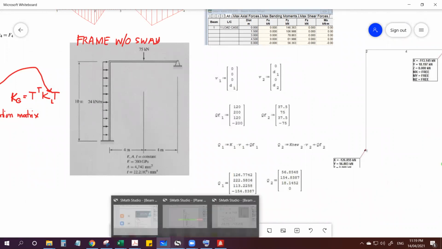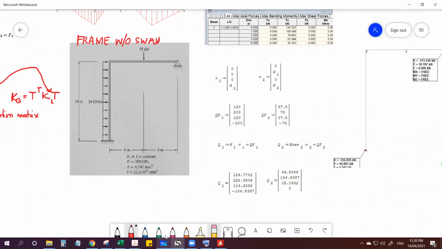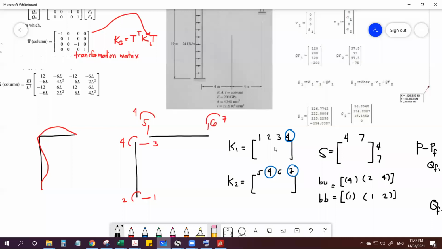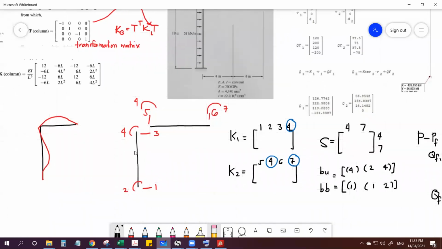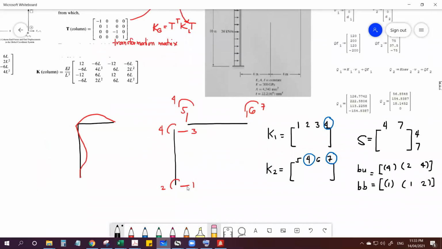So here's our SMAT for that. I think we need to write down first here. This is the free body of our two-member frame. So the code is 1, 2, 3, 4 because again it's a beam.